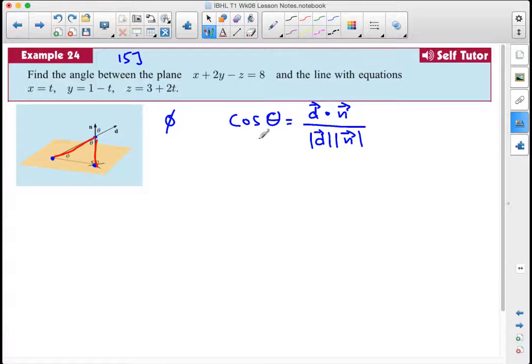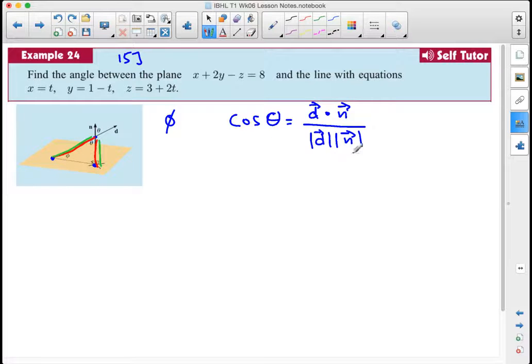Okay. But if we look again in the picture, then you can also see that theta is not really the angle that we're after, phi is. If you look at phi, the sine of phi is the opposite over the hypotenuse, which corresponds with the cosine of theta. You may have seen this before in trigonometry.